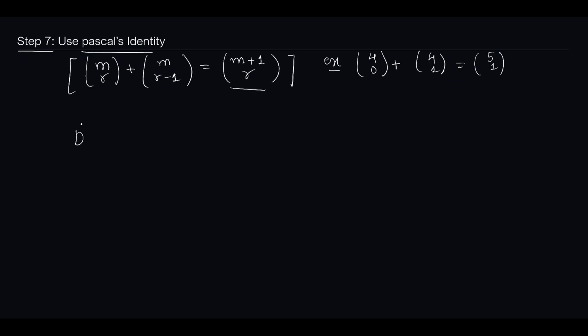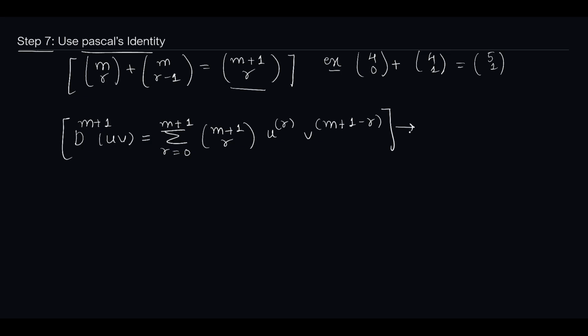Hence we can write that D^(m+1) for the function uv is given by the summation r equals 0 to m plus 1 of m plus 1 choose r u^(r) v^(m+1-r). Alright, so if you notice, this is exactly the theorem for n equals m plus 1. Hence we have proved the Leibniz theorem.